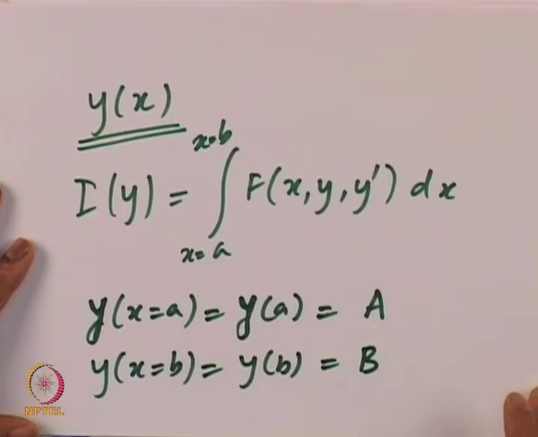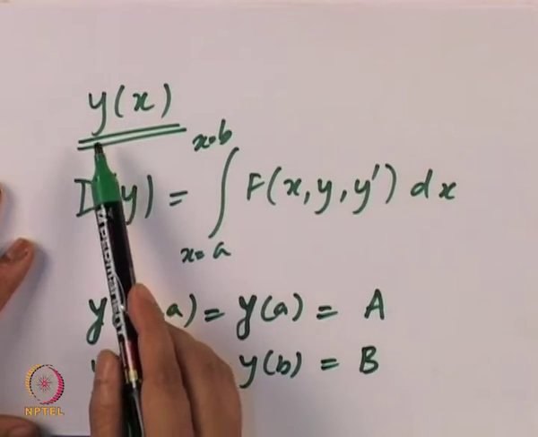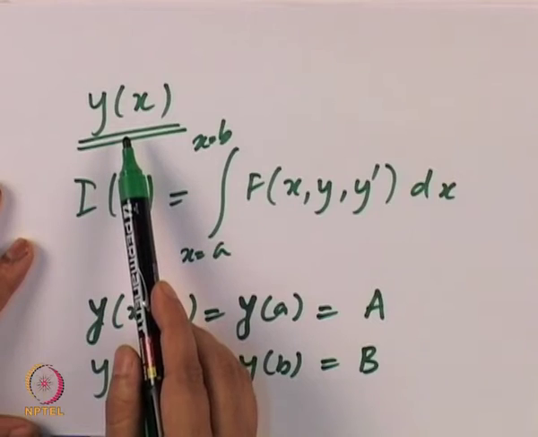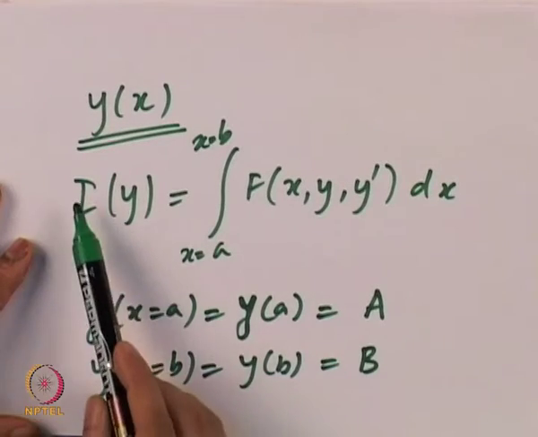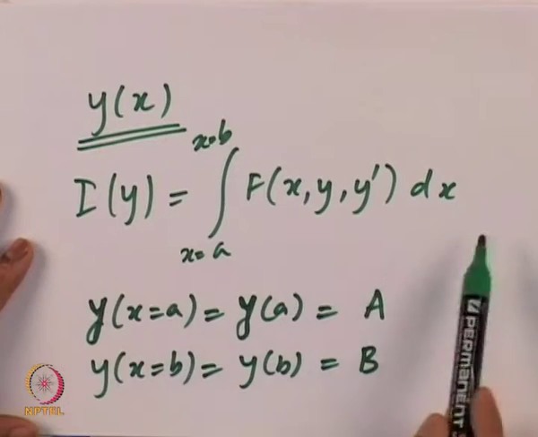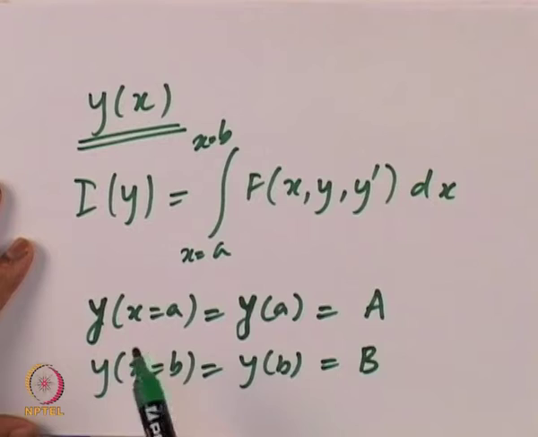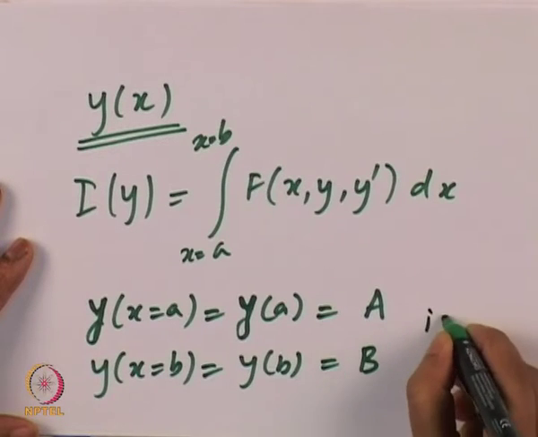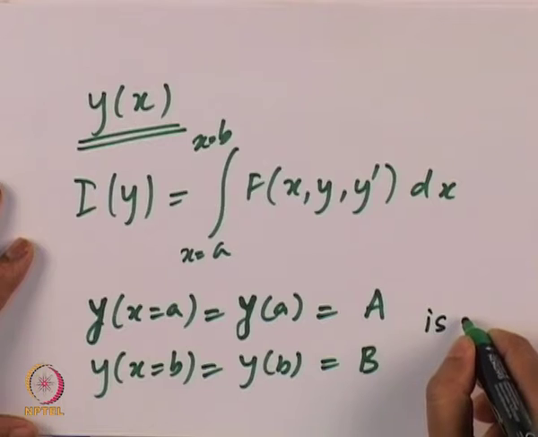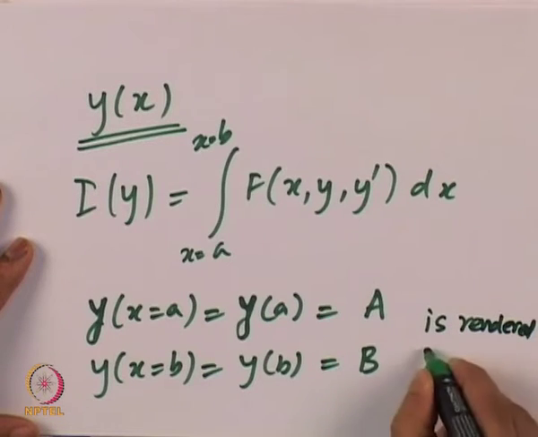So the entire problem here is to consider finding a function y of x such that the functional represented by I of y, given by this particular functional subjected to these two boundary conditions, becomes stationary.